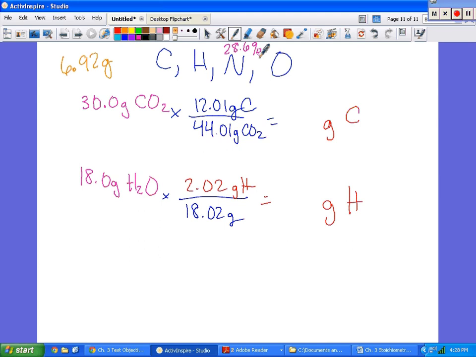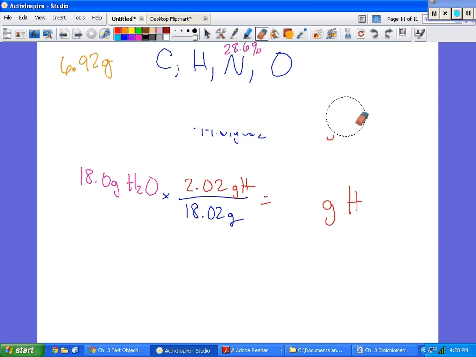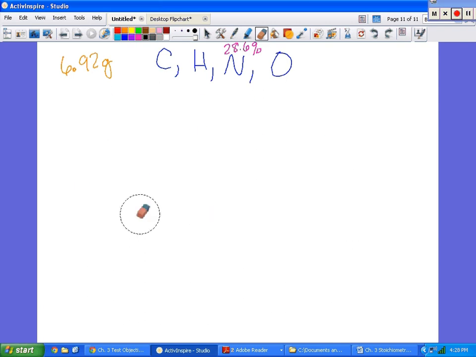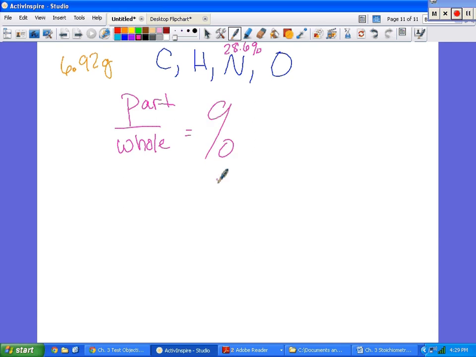Be very mindful of this. What do we know that a basic definition of percentage is? All right, so let's think for just a second. We know that part over whole is equal to what? The percentage. You agree? How much is the whole according to your data? All right, 6.92. What other piece of data do we have? 28.6%.